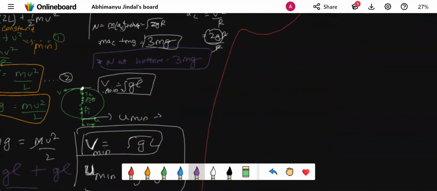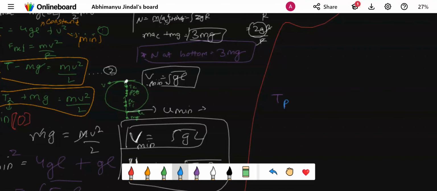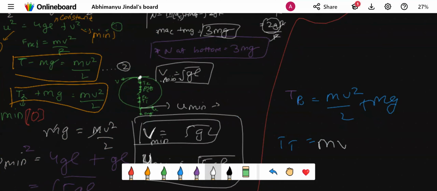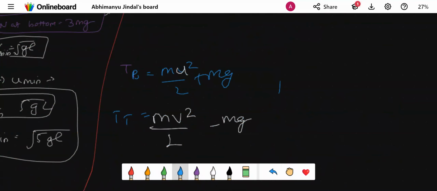Let's write it here. Tension at the bottom was mv squared by L plus mg, and tension at the top was mv squared by L minus mg. From this we can say one thing, that tension at the bottom is greater than tension at the top.